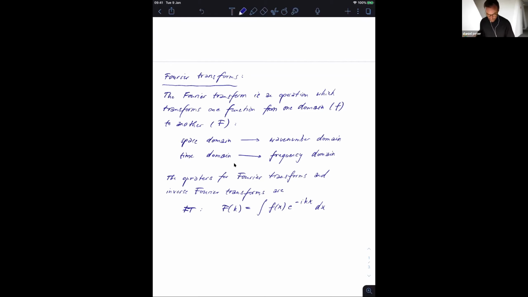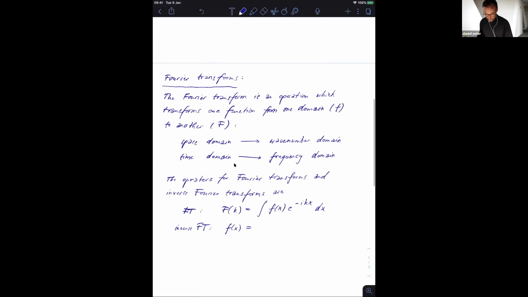And to go back, we have the inverse Fourier transform that brings us back to the space domain function.